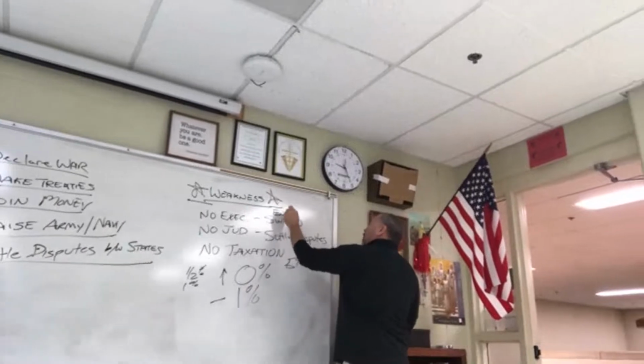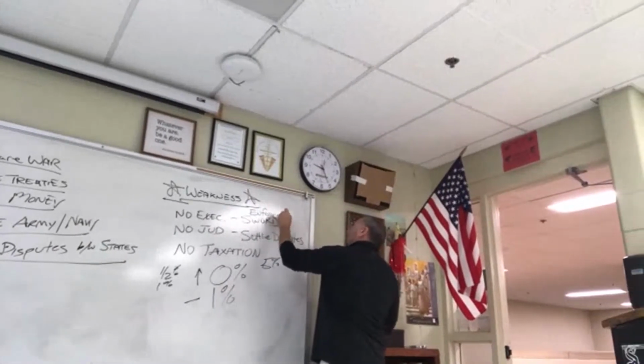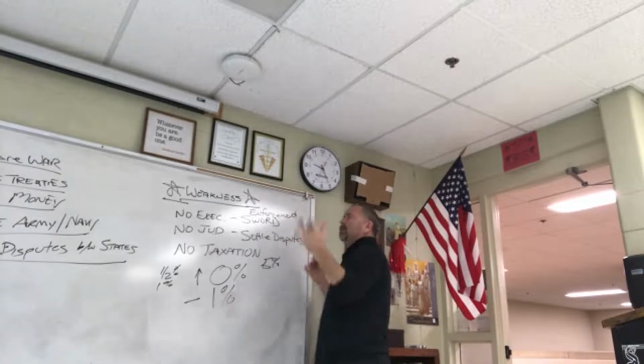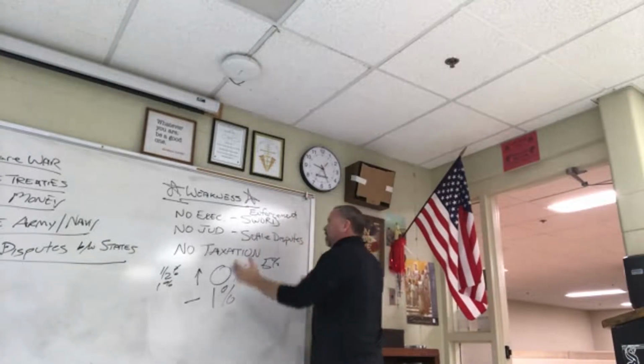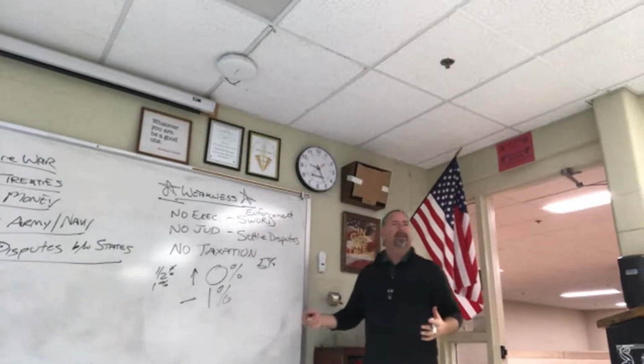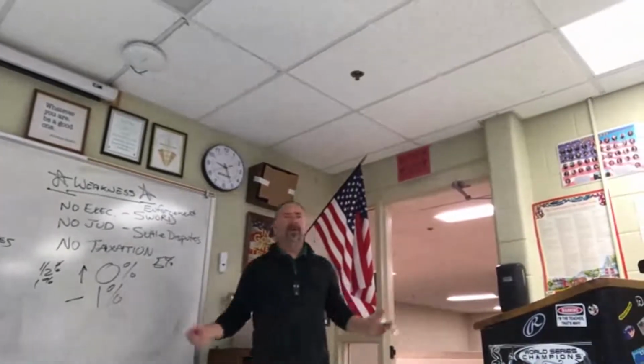The sword is in force. You can't enforce decisions. You can't settle disputes. You can't raise money. What good is your national government? You basically have a confederacy, right? With 13 independent states tearing away at each other.